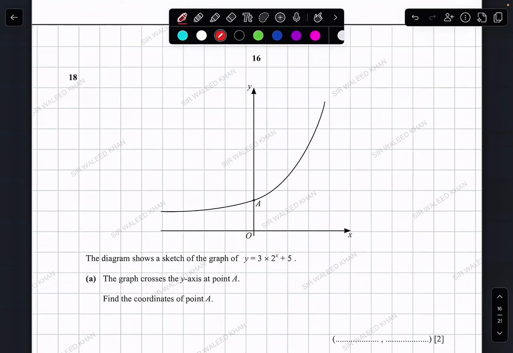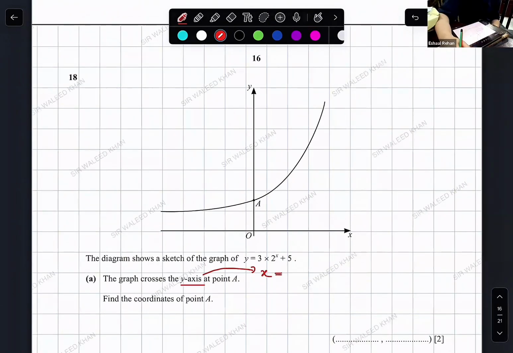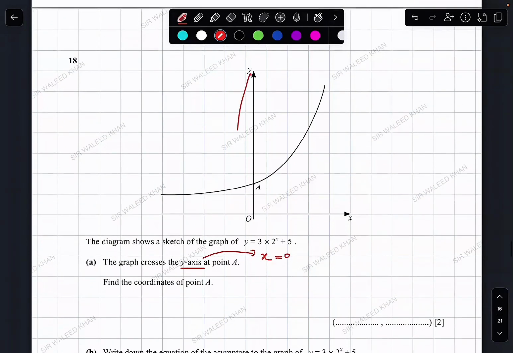Whenever it's crossing the y-axis, that means the value of x should be 0. Y-axis, y-intercept, value of x is 0. All along this line, the value of x is 0. So I'm going to plug in the value of x as 0 and see what we have as the y-intercept.